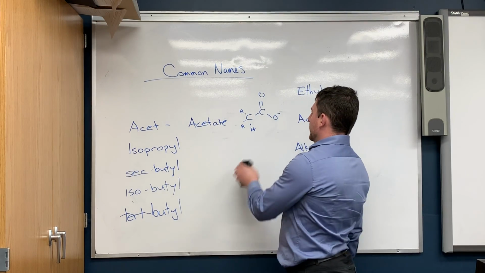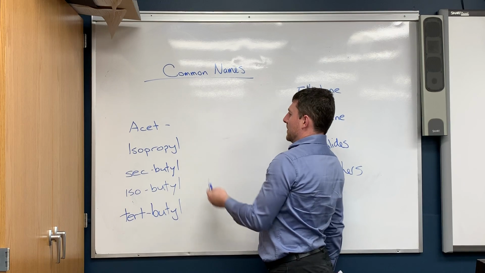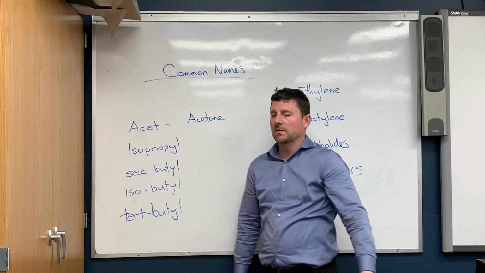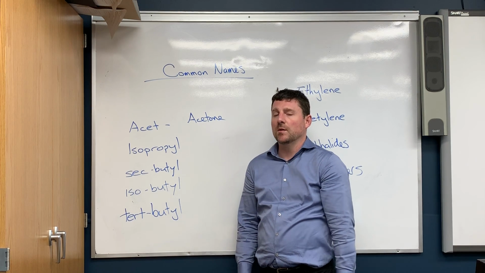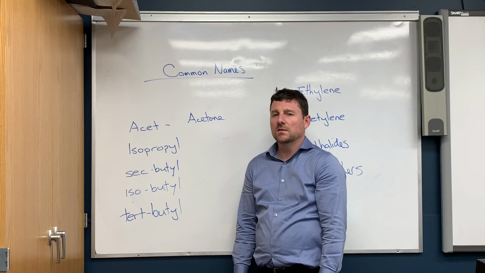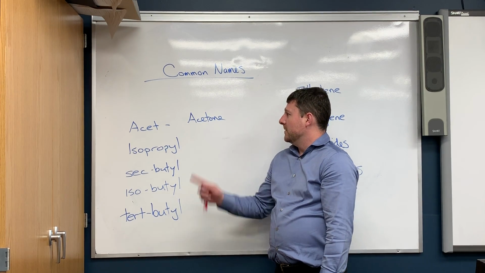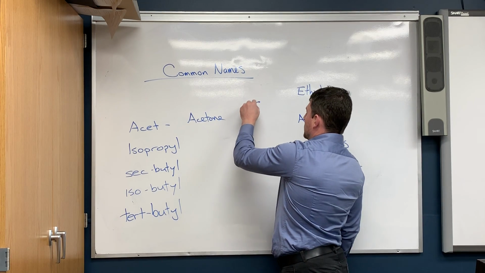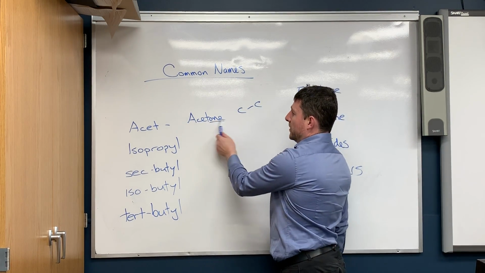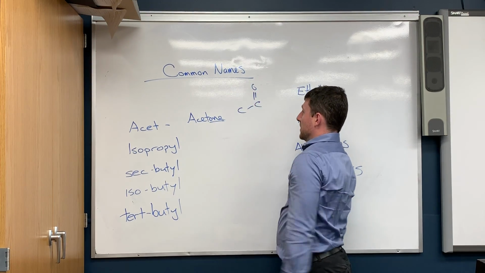Now, there's a weird one, acetone. It used to be very common to use acetone as nail polish remover, and you can still get it as a solvent from hardware stores. The only problem is if I draw 2 carbons bonded to each other, and we know that -one is the suffix for a ketone, which means I need to put a double bonded oxygen on there.